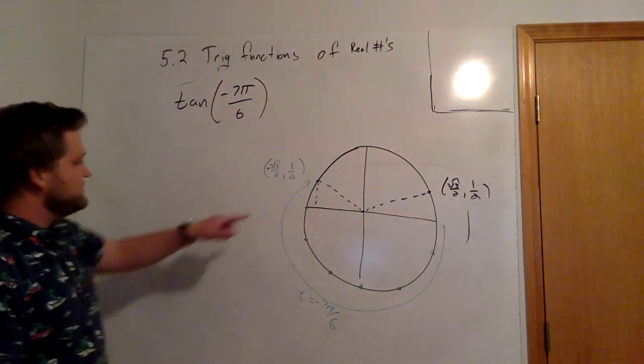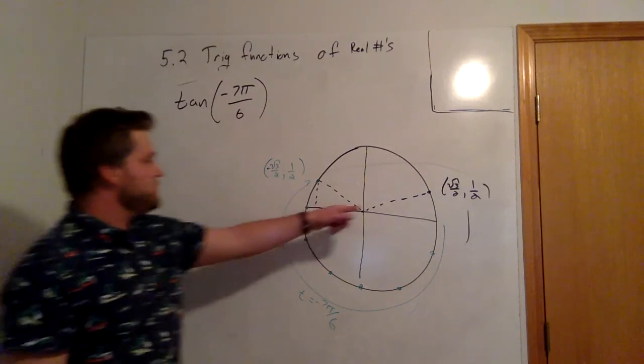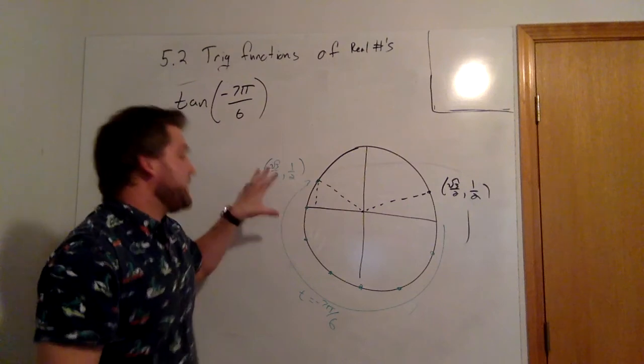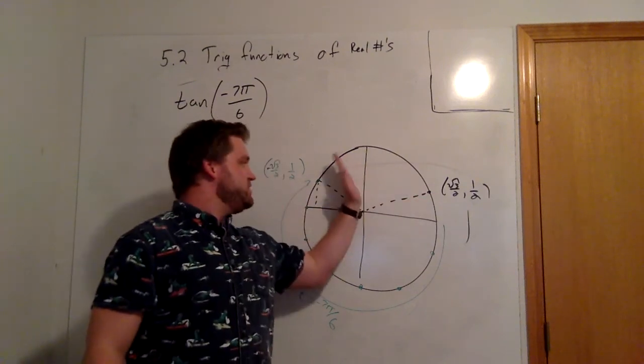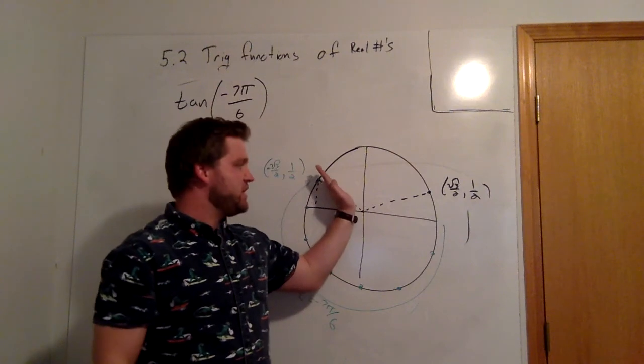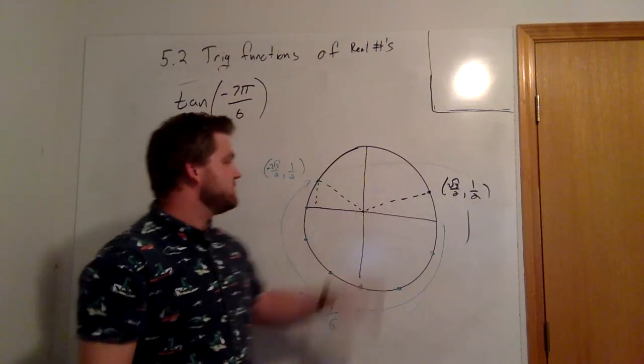Okay, so if I want to know what tangent is, I want to know what the slope of this line is. So without calculating it, just thinking about it, notice here that this line has a negative slope, so I should expect my answer to be negative for tangent.